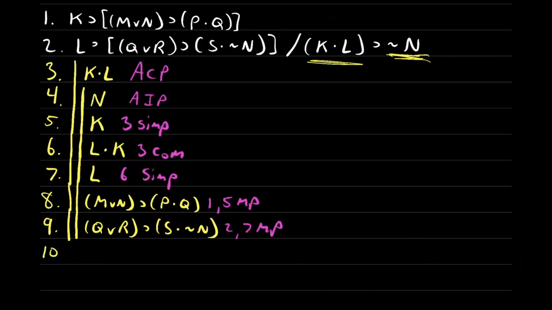So on line 10, still our 2 indented lines here, N or M. And that's going to follow from line 4 by addition. But in order to be able to use modus ponens, I need to do commutativity on that so it matches the antecedent to line 8. So I need to change that to M or N. So line 10 by commutativity.